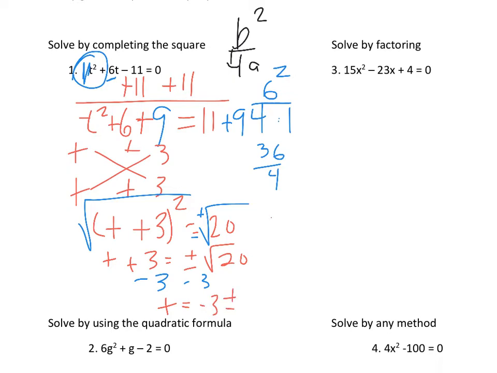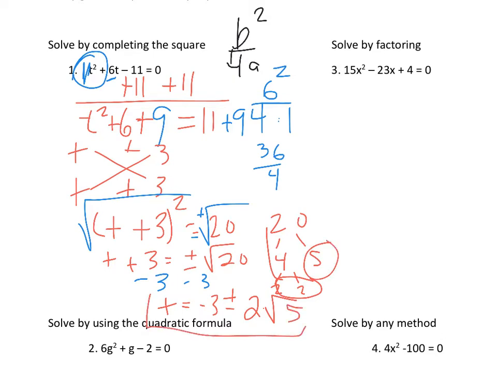But wait, we can do some simplifying here, because when it's prime time, couples go out to dine, and 20 can be broken into 4 times 5, and 4 can be broken into 2 times 2, so oh look, we have a couple. And prime time, couples go out to dine, so that means our 2 is going to be on the outside of the radical, and our singles stay in the house to mingle. So we have our final answer here. T is equal to negative 3 plus or minus 2 times the square root of 5.